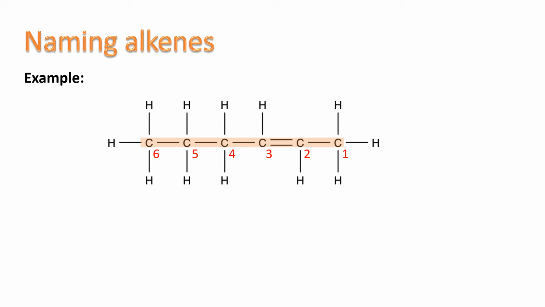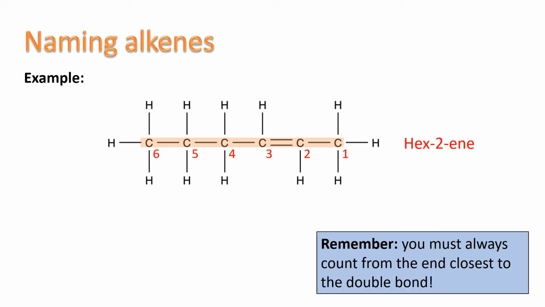So we have 6 carbons, that's got a prefix of hex. Our carbon to carbon double bond starts on carbon number 2, and so our alkene would be called hex-2-ene. So a big reminder that you must always count from the end closest to the double bond. And again, if we just pause here and copy this example down.